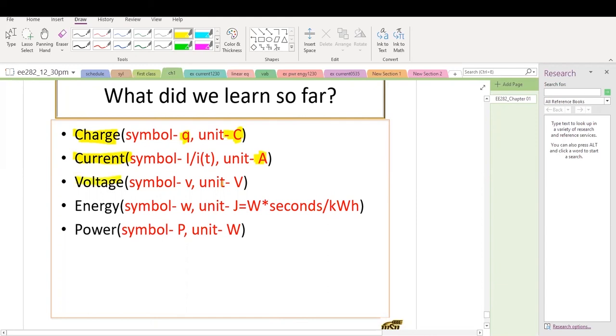Voltage, the unit is volt, symbol is V. Energy, W, the unit is joule. Power multiplied by time, think about kilowatt hour, which we pay our utility. So that's the energy. And we also talk about power, the unit is watt, symbol is P.